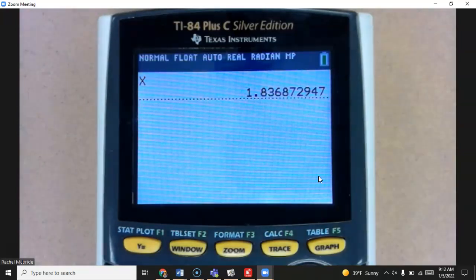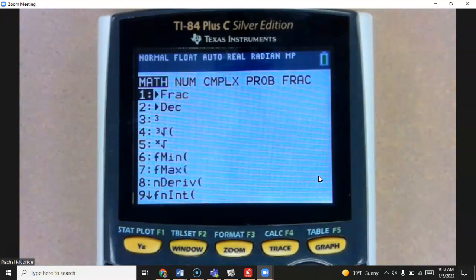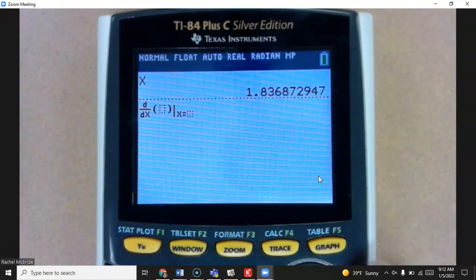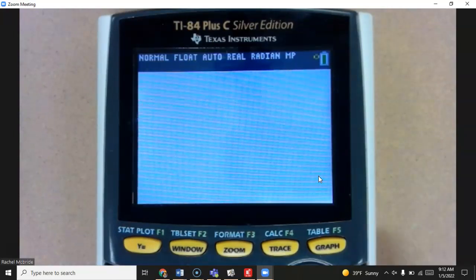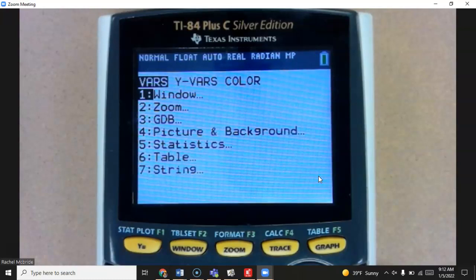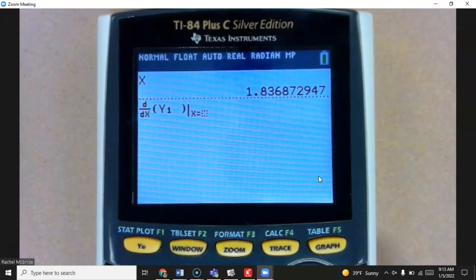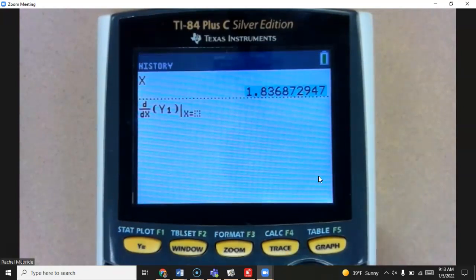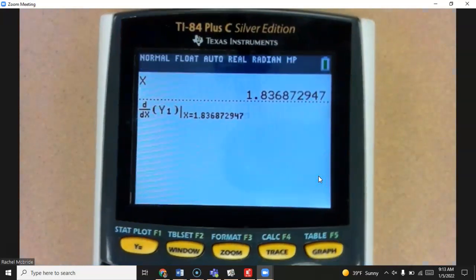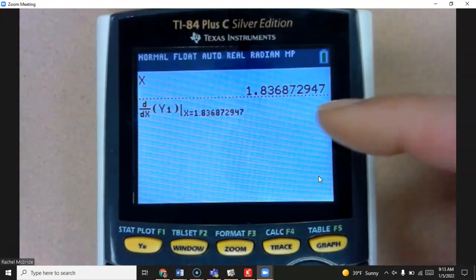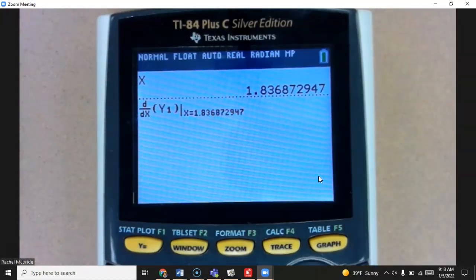Now you could hit math 8, ddx, your vars, y vars, function 1, and then you have two choices. You could go up and highlight that answer and it will fill it in, or you could just type the variable x, and it would fill it in because we already stored x as that intersection point. Did everybody see that?